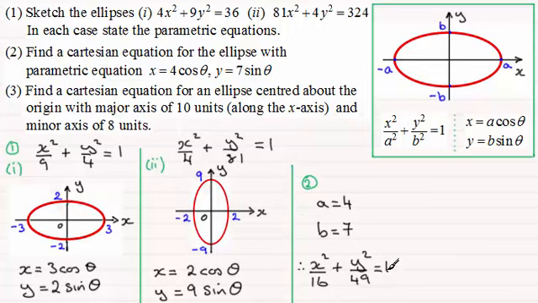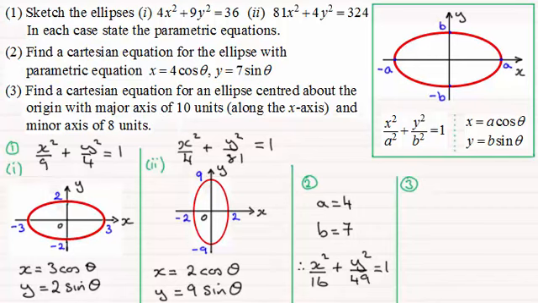Okay? Now for the last question. So for part 3 here, we've got find a Cartesian equation for an ellipse centered about the origin with a major axis of 10 units, and that's along the x-axis, and a minor axis of 8 units.